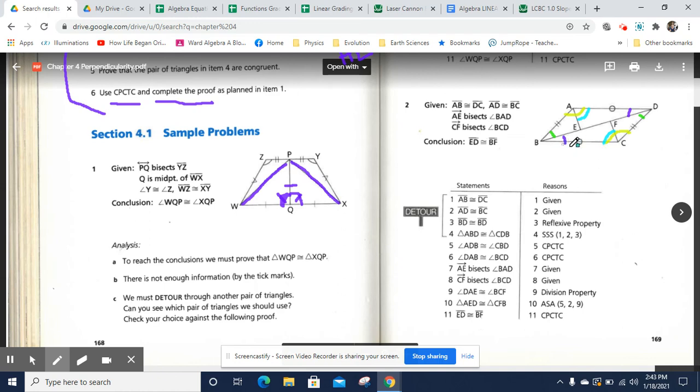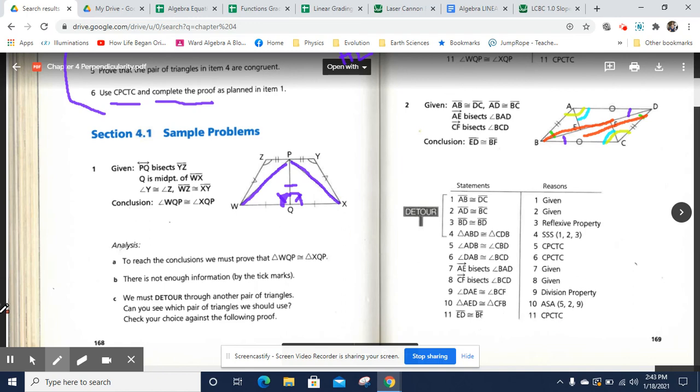So now I have angle, side, angle for these triangles. And that will lead me right to where I want to be, which is that BF is congruent to DE by CPCTC. So I've just proved angle, side, angle, and then ED and BF are congruent by CPCTC.